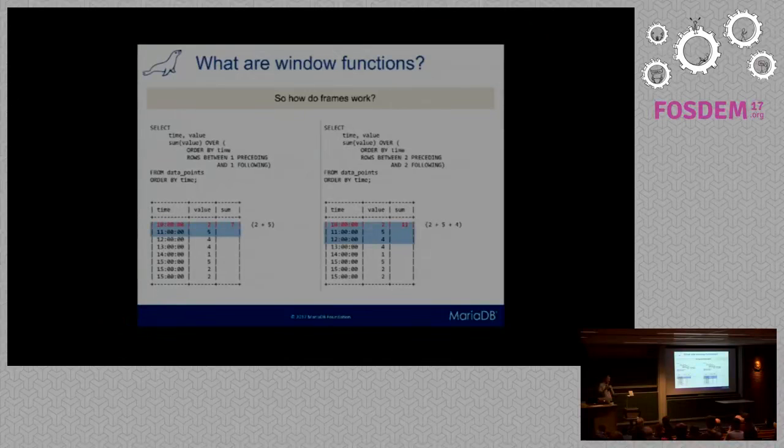So on the left, we sum 3 rows: the previous, the current, and the next row. And the other one does it with 5 rows. In blue, I've highlighted which rows are used in the computation, and the red is the current row that we're computing. For the first one, we do not have any previous rows, so we just take the current row and the row after it. This gives you 2 plus 5 in the first column and 2 plus 5 plus 4 in the second one.